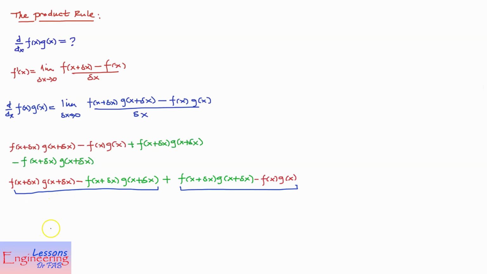So in that case, we can make the following assumption. So let's just rewrite with that assumption, f of x plus sigma x times g of x plus sigma x minus.